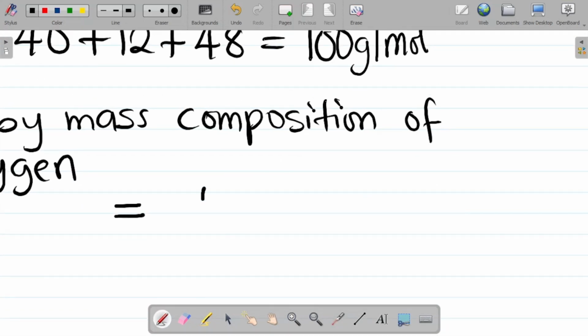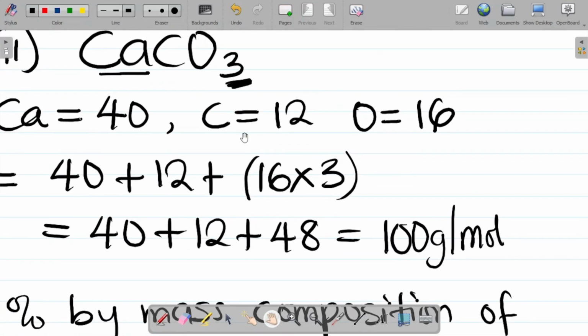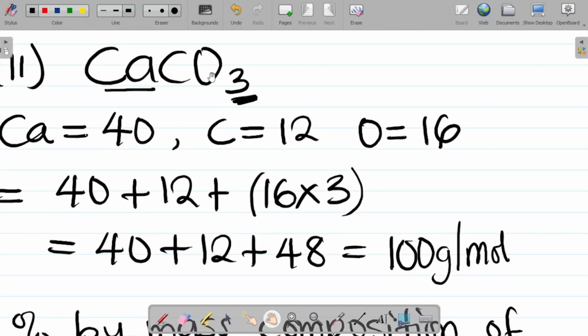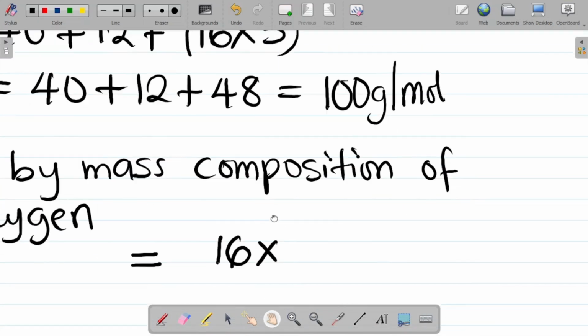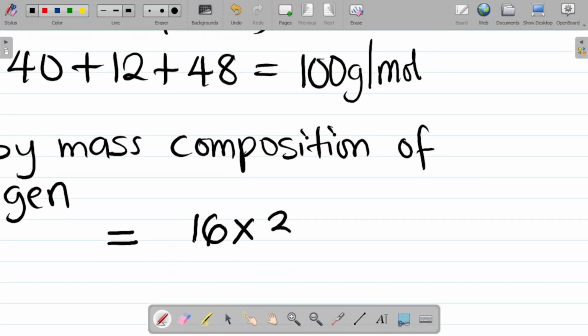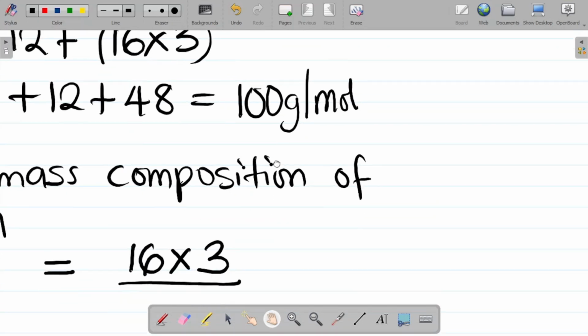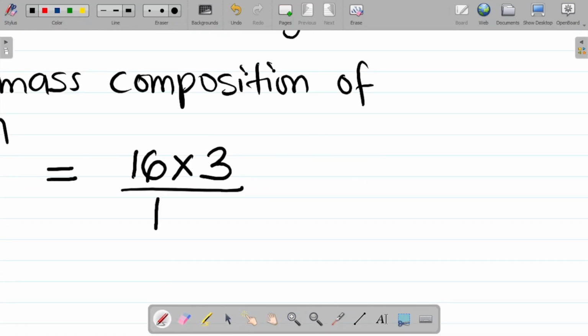That becomes 16 times N. What is N? N is the number of atoms, which in this case for oxygen we have 3 atoms. So times 3, the number of atoms, all over the molar mass of the compound, which we have as 100. So all over 100 times 100%.